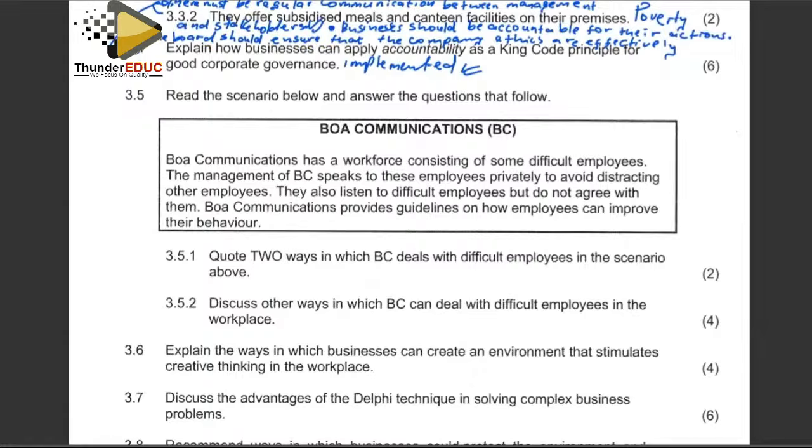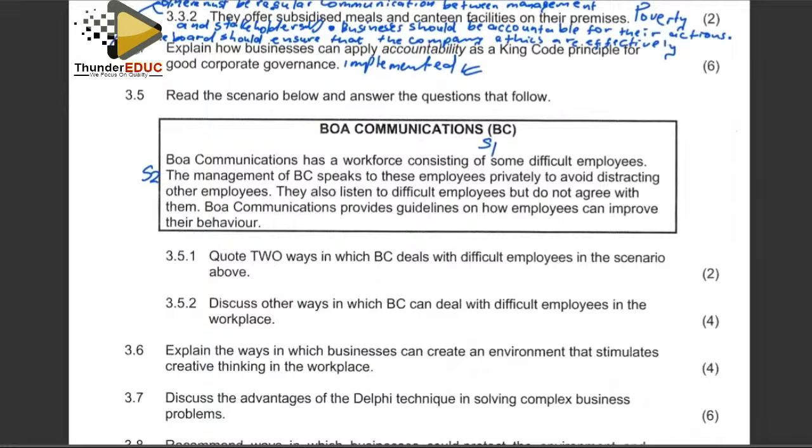Okay, right. So now, if you actually check, we have sentence 1, where BOA Communications has a workforce consisting of some difficult employees, and sentence 2, where it says the management of BC speaks to these employees privately to avoid distracting other employees.